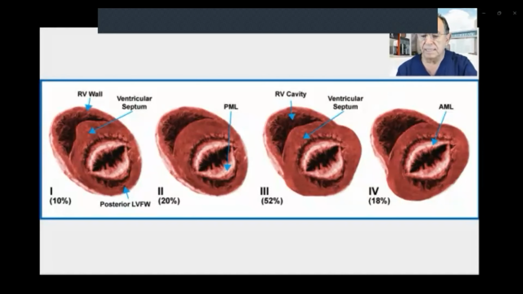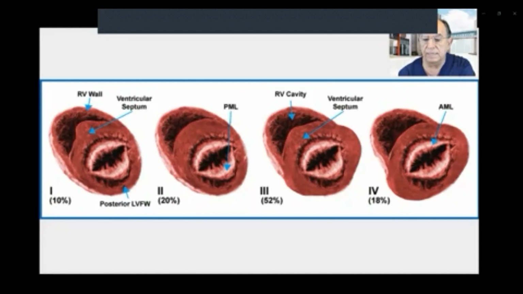So this classification was used for a long time, but it was made in relation to findings of the echocardiogram.